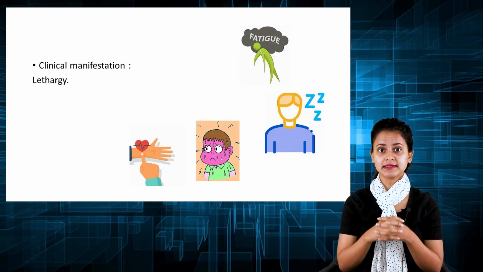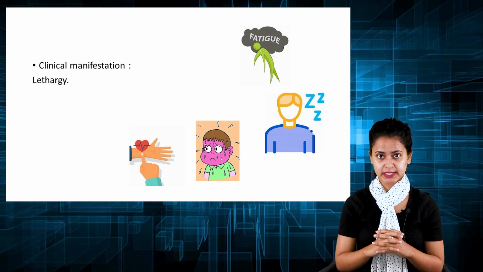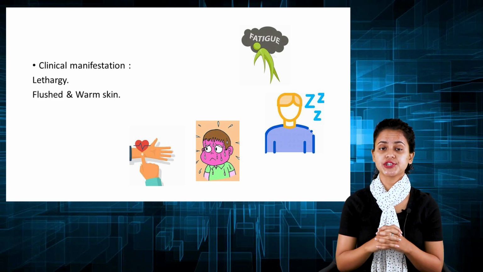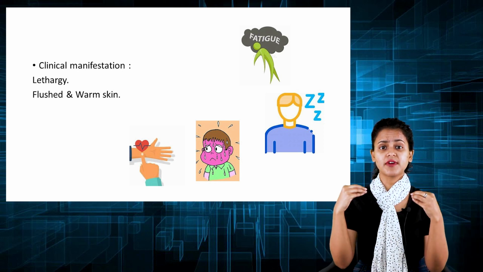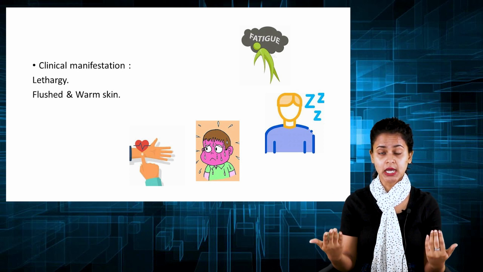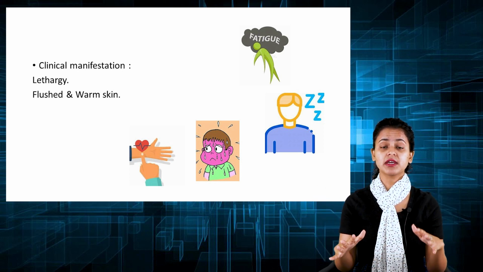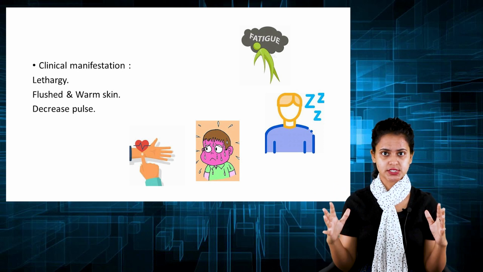So now we are going to see the major and most common clinical manifestations often seen among the client. It includes lethargy and weakness associated with hypermagnesemia. Next is flushed and warm skin. It is a very common feature among clients suffering from hypermagnesemia; they will have flushed and warm skin on touch.